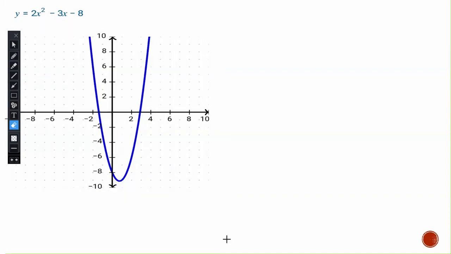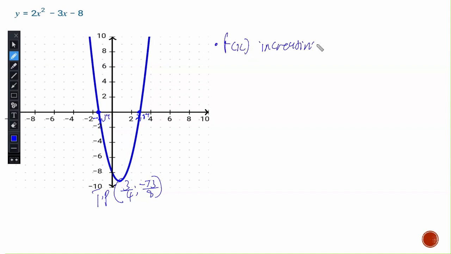Okay, so to answer questions on where it is increasing or decreasing, where is f(x) increasing? So f(x) is increasing when x is greater than 3/4. Where is f(x) decreasing?